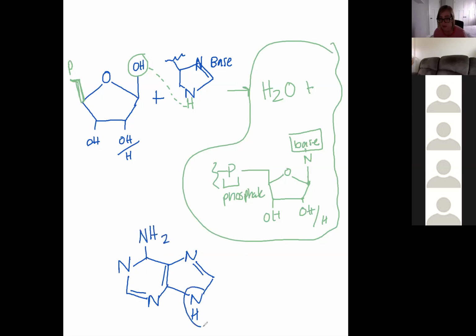Okay, so this is an NH, this is the source from the OH of the sugar, okay? So this is technically a full base, but see how it's just a lot to draw. So I don't really think it's necessary to do that.